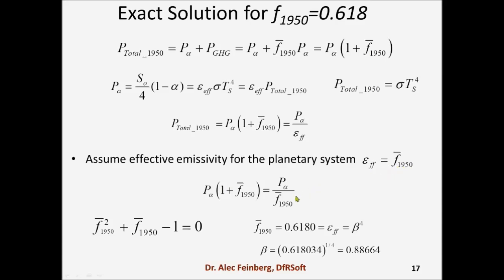Using that assumption, which is a reasonable assumption, the P alphas can cancel out, and we end up with a quadratic expression. We solve the quadratic expression, and we end up with the F 1950 value of 0.618, which is what we were trying to figure out, and this is also equal to the emissivity value. Now some people use beta, so that's equal to beta to the fourth, so you can solve that way for beta if you're interested. So this is our key guy.